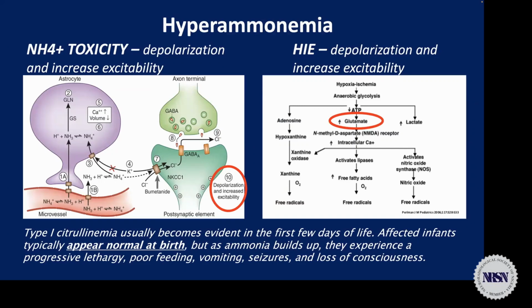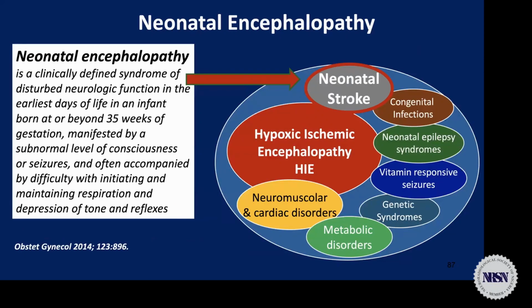So the pathway is very similar to what happens in HIE. But of course, the clinical picture is very different, because these newborns appear normal at birth. And as ammonia builds up, of course, they experience progressive lethargy, poor feeding, vomiting, seizures, etc. So the differential is clinical in this case, not related to images.